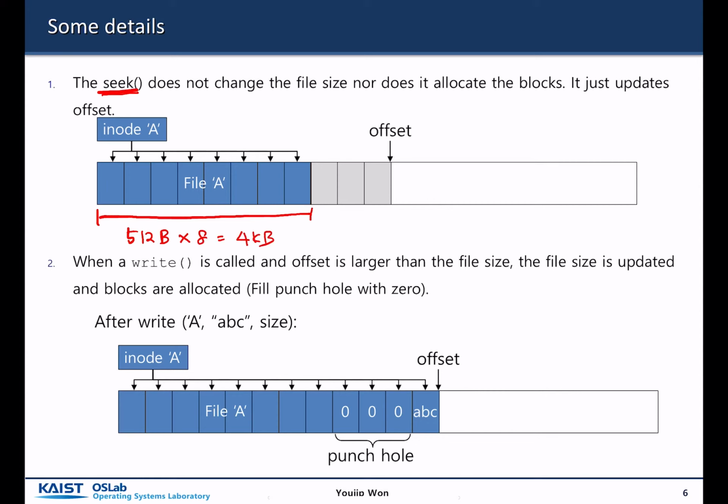The current file size is 4 kilobytes, but the application calls the seek system call and sets it to 10 kilobytes, for example. Oh, sorry, I think that's too large. Let's say it's 6 kilobytes. Then the current offset pointer is updated to a position where no file blocks have been allocated.